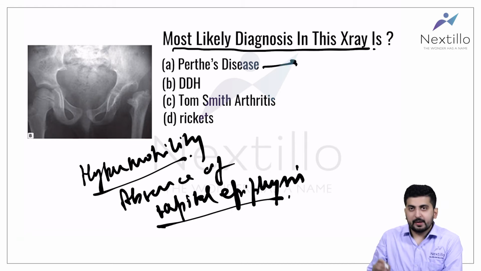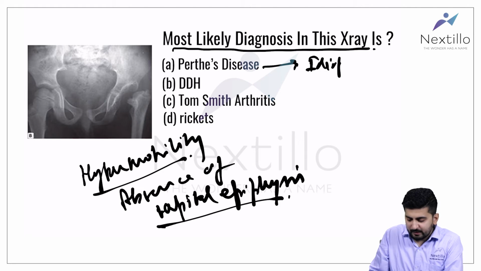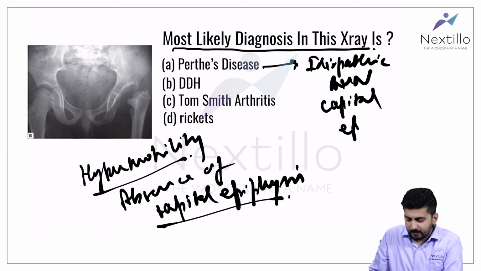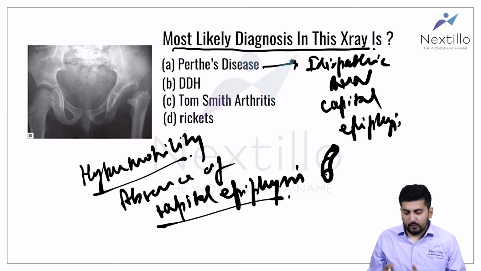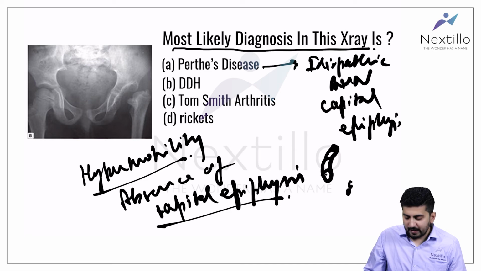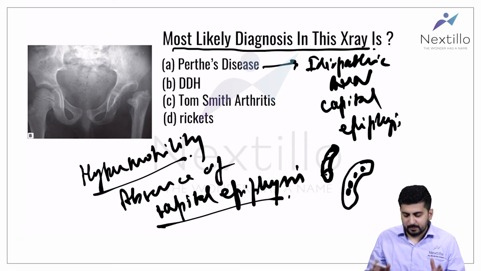Now, if you see in Perthes disease, there is an idiopathic AVN of the physis. In this scenario, the femoral capital epiphysis will be narrowed and will give you a picture as if it is broken at multiple places, but it will not be absent.